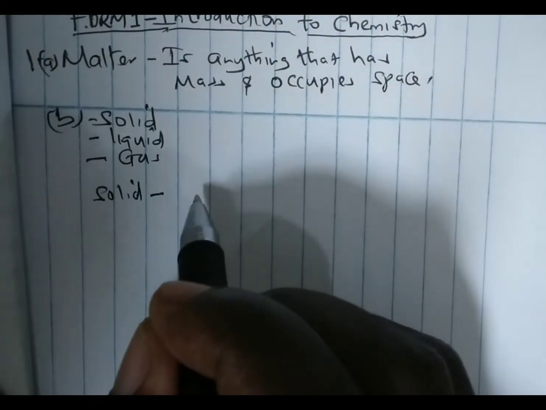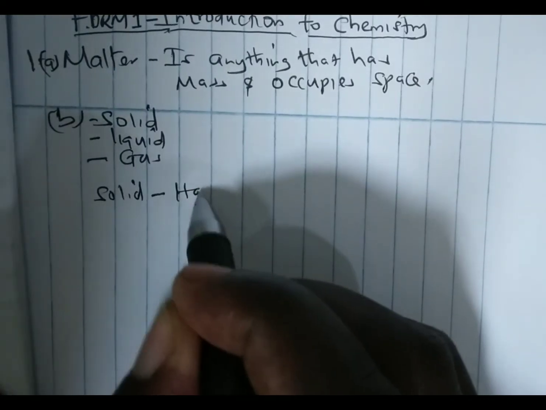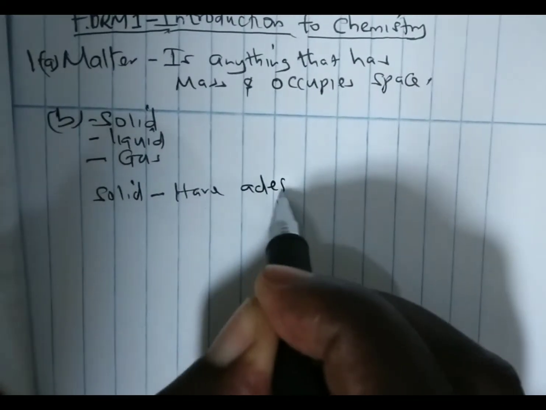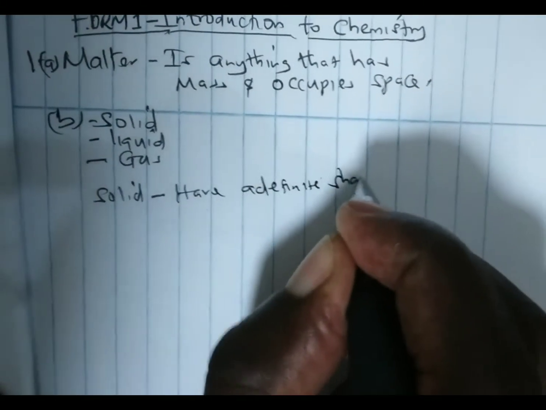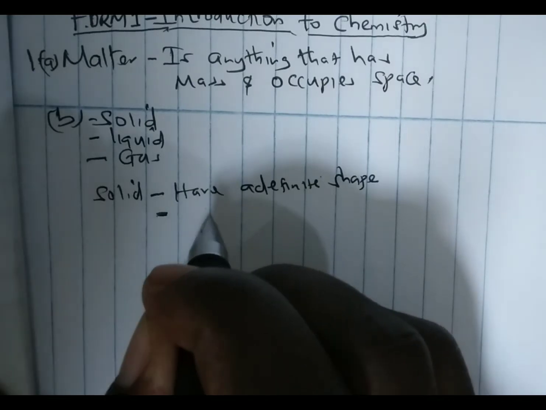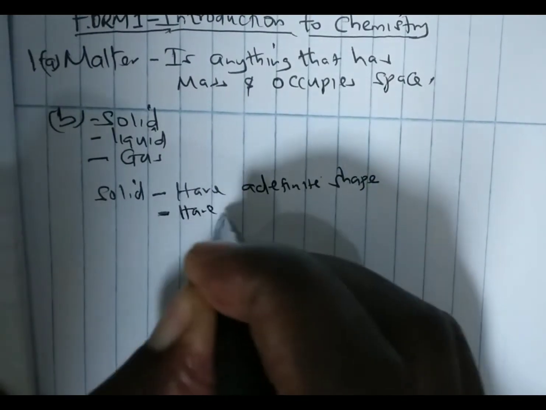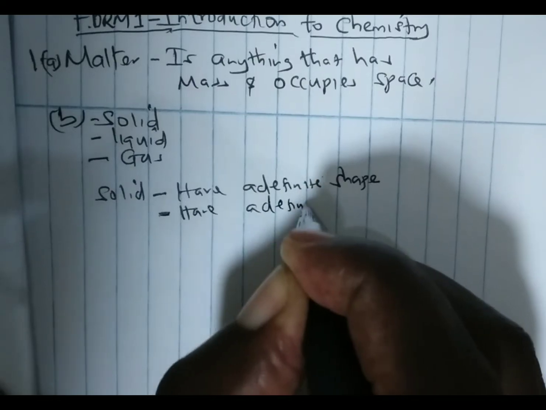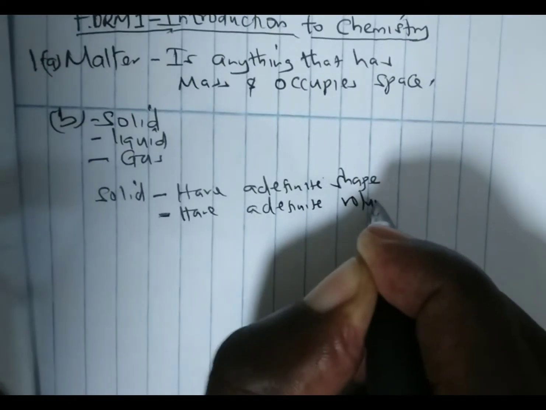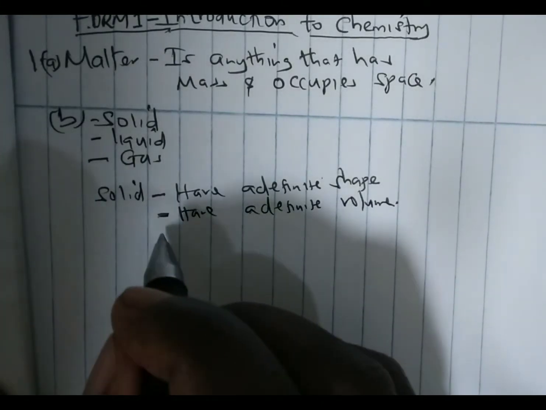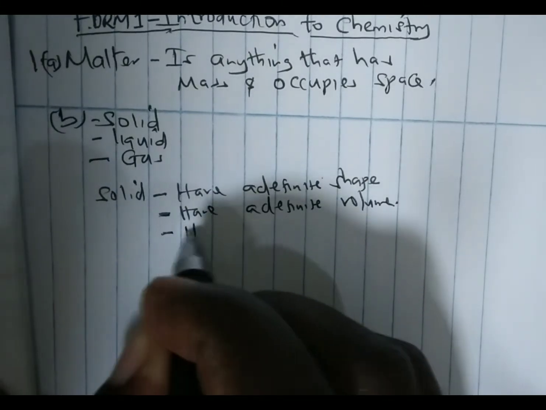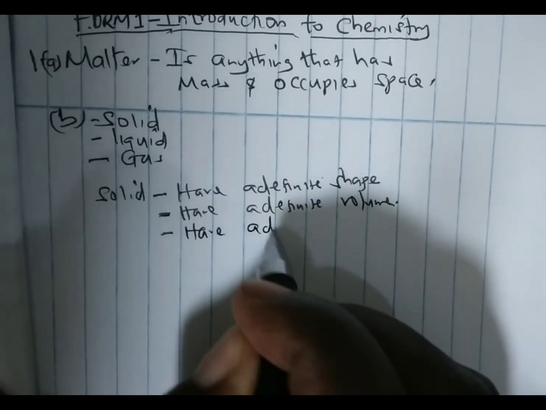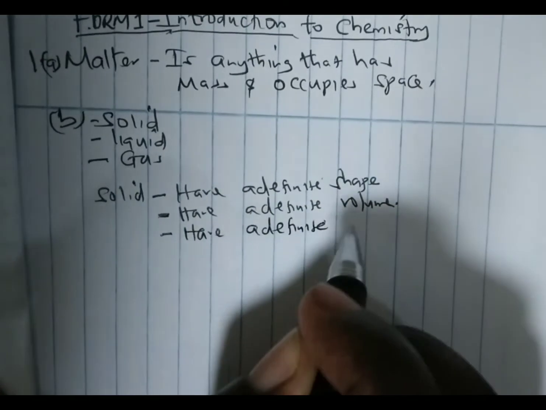1, we say solids have a definite shape. Solids have a definite volume, meaning one can find the exact volume of a solid object. And number 3, they have a definite mass.